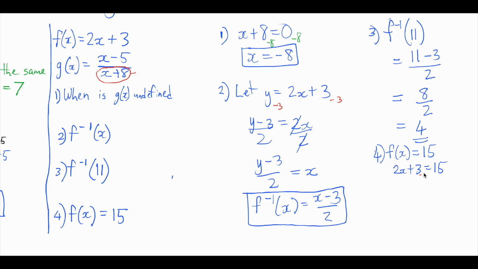So then we'll end up with 2x equal to 15 minus 3, which is 12. Divide both sides by 2, and then x will be equal to 6. Does that make sense?